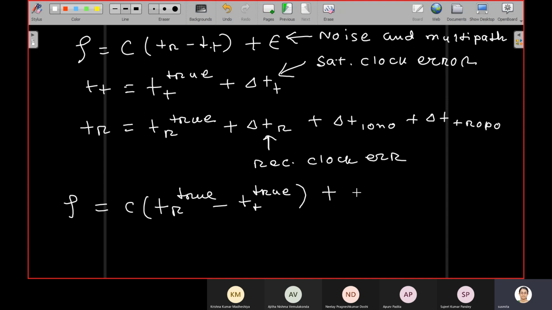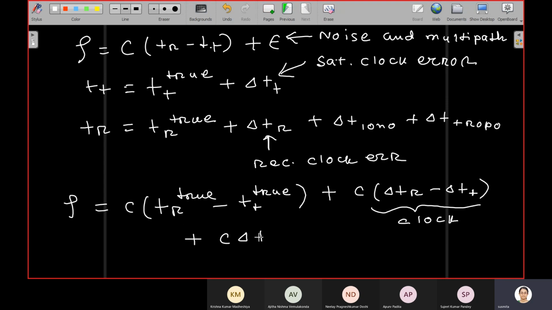And we'll take the clock part. This is the clock part. It has both receiver and transmit. So simply saying clock is not sufficient. You need to specify a receiver and transmitter clock, receiver and satellite clock.